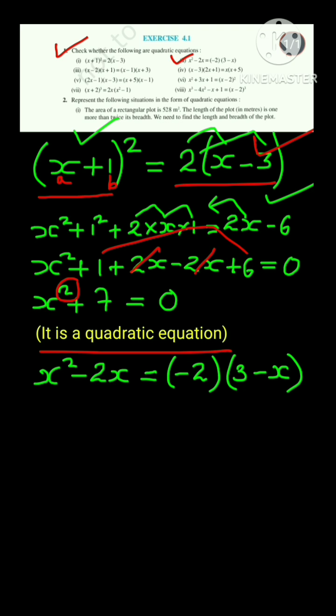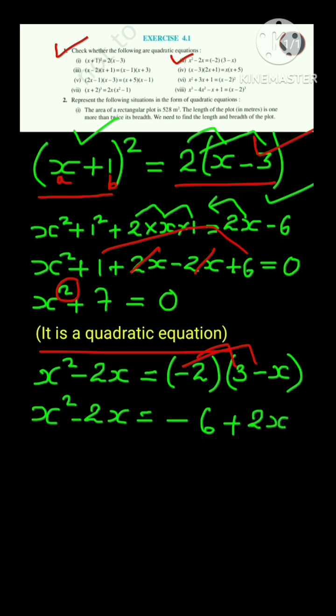So let's start from its RHS, right? x square minus 2x. Here we simply multiply minus into plus, minus 2 into 3, 6, and minus into minus plus, and 2 into x, 2x.